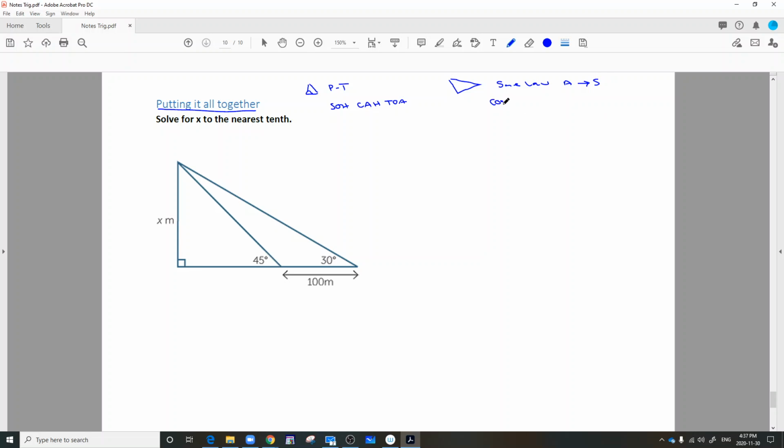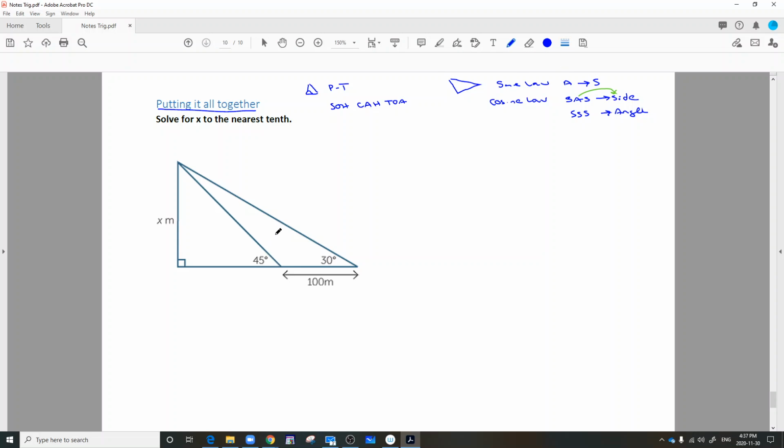Or we have the cosine law, which we only use when we don't have an angle across from a side, and we have two scenarios. SAS means we can solve for a side, or side, side, side means we can solve for any angle. The important thing about the cosine law is that you can only solve for the side across from that sandwiched angle. Okay, so these are the tools we have at our disposal.